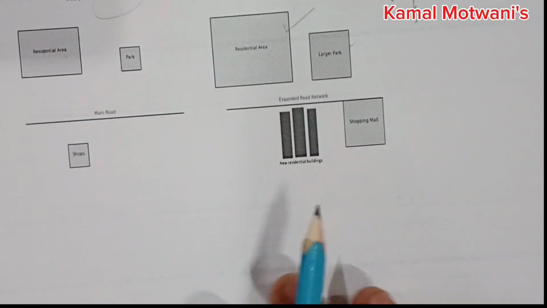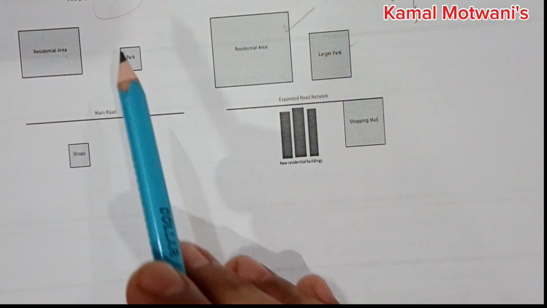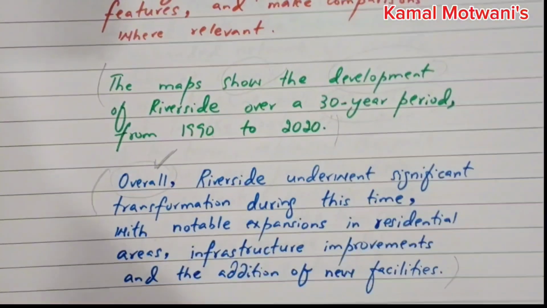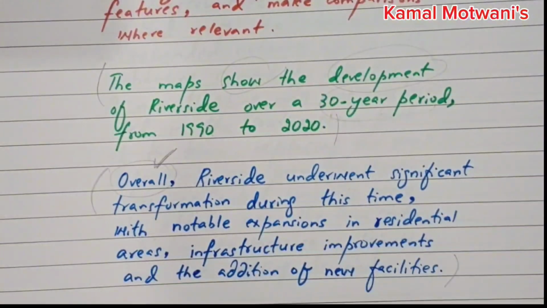These were new residential buildings. You can include a park to a larger park in the infrastructure or recreational activities as well. This is how, in the suitable and most accurate vocabulary, I have described my overall view or overview.